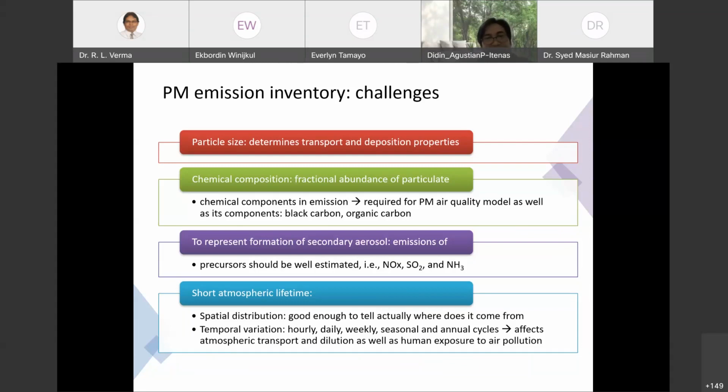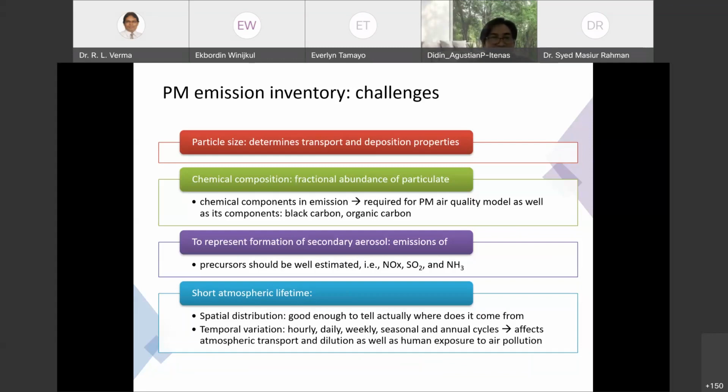As we know, the chemical components in emissions can vary by source, for example black carbon, organic carbon, and also particulate nitrate, particulate sulfate, etc. So to represent the formation of secondary aerosols, of course the other precursors should be well estimated. For example, NOx, SO2, and ammonia should be well represented in this inventory activity.